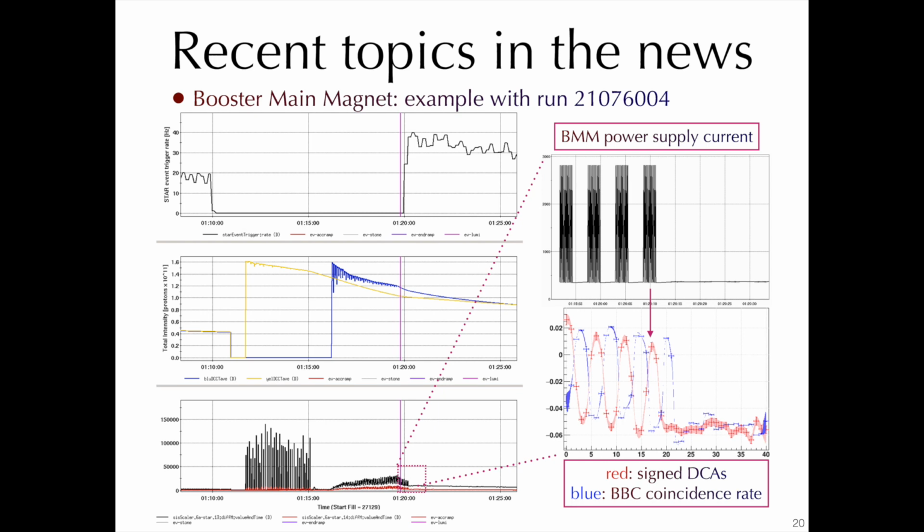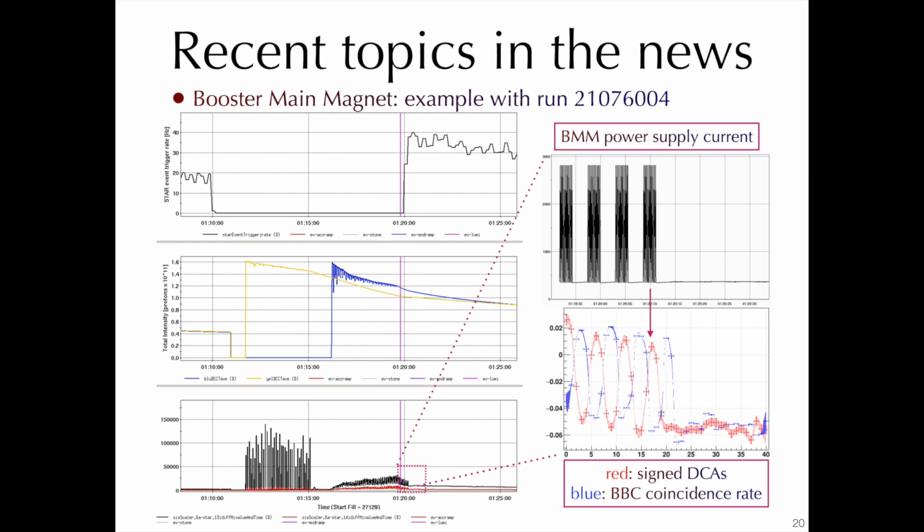So two completely independent sources of information. The booster main magnet currents that I'm getting are in a database for the collider people, and the red is from the data that we have acquired in STAR. And these two things are directly correlated. So it's like when people say they see the tides or the passing of trains having an impact on their experimental data. We see an impact from the operation of this booster main magnet.